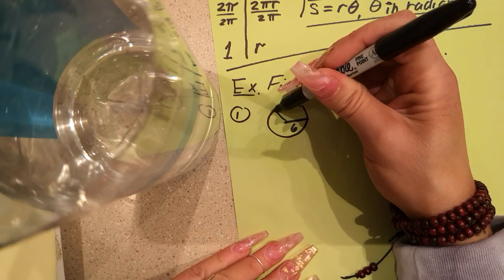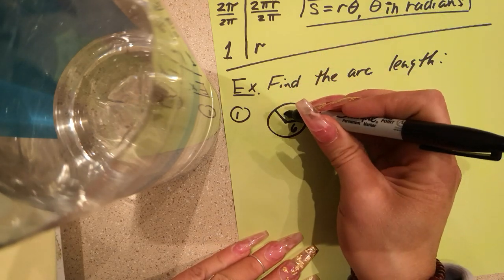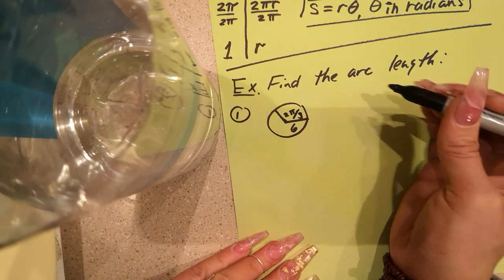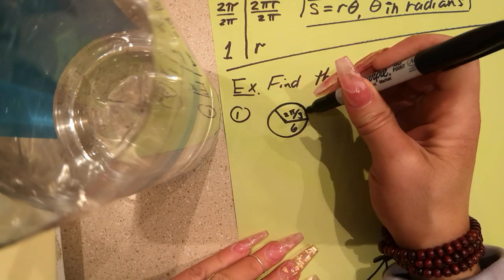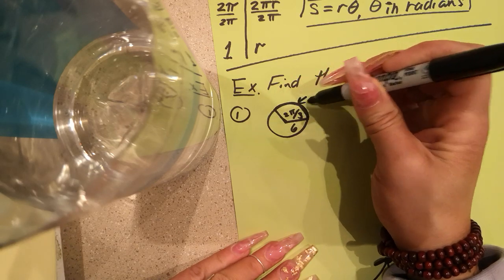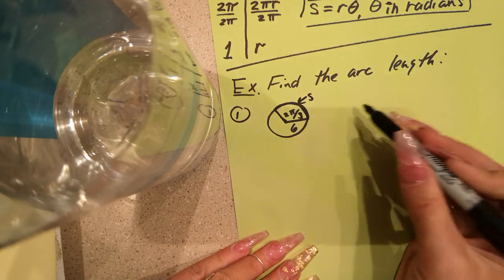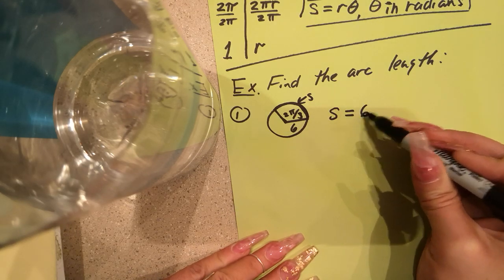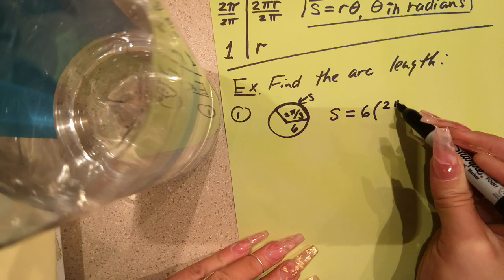And here's the central angle, 2 pi over 3. And my goal is to find the length of this arc here. We'll call that S. So I know I can apply my formula, S equals r times theta.